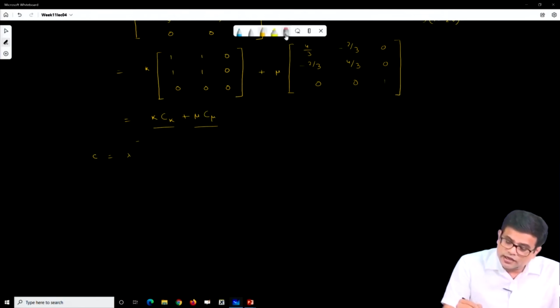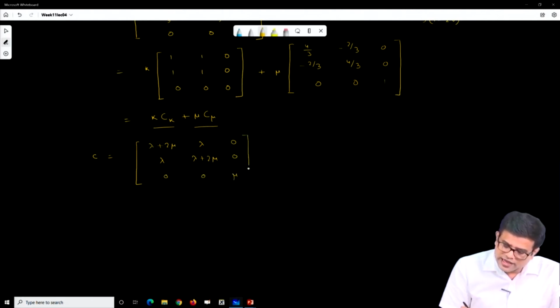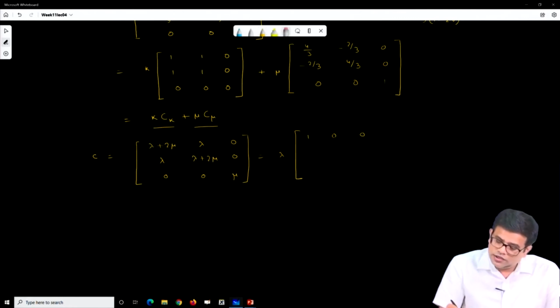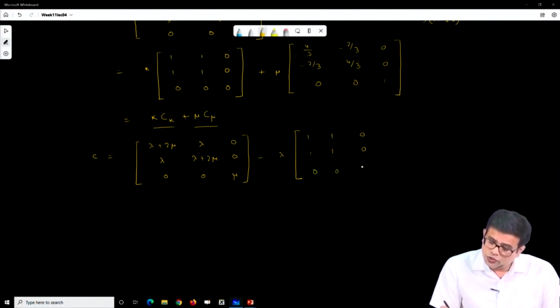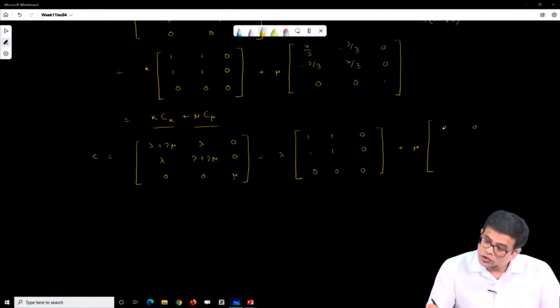Writing the full matrix, lambda plus 2 mu, lambda, and so on, I can decompose it as lambda times 1 1 0, 1 1 0, 0 0 0, plus mu times 2 0 0, 0 2 0, 0 0 1.